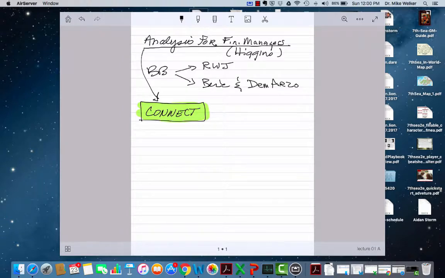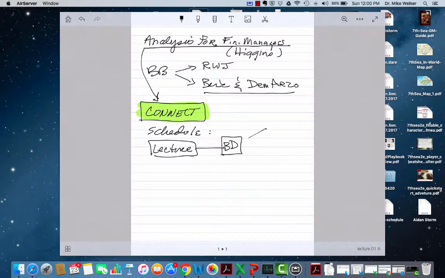In the schedule, you'll see me indicate a lecture, and the lecture links primarily to the Burke and DeMarzo book. But you'll also see me giving you reference to the Ross, Westerfield, Jaffe book, and then also the Higgins book, which I'm going to list as HIG.